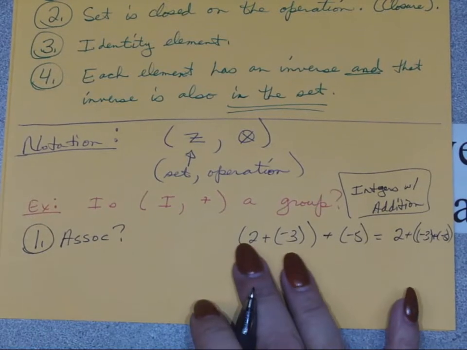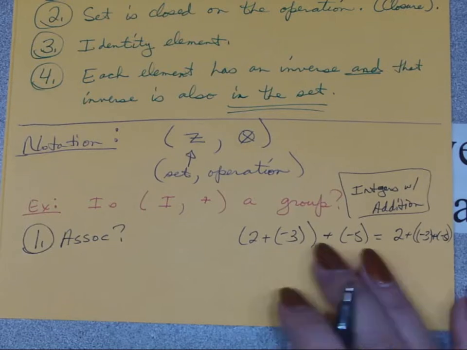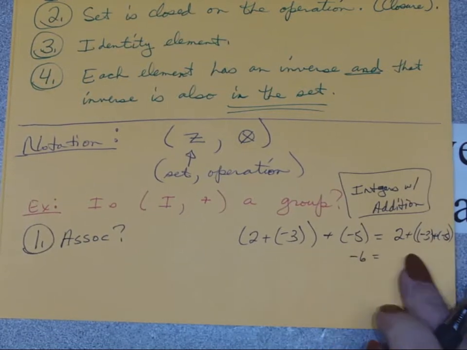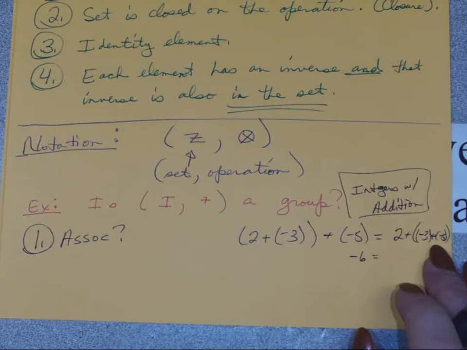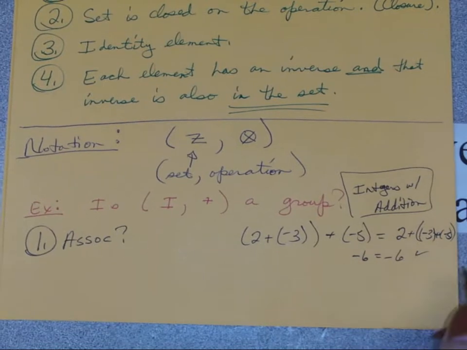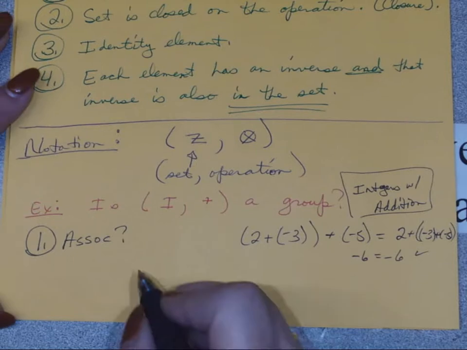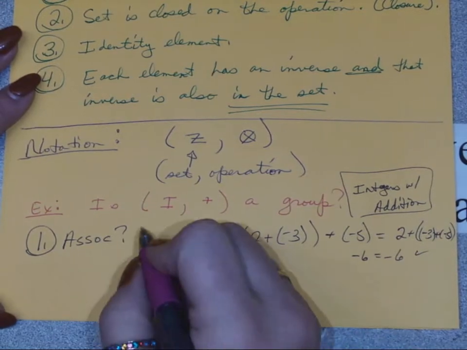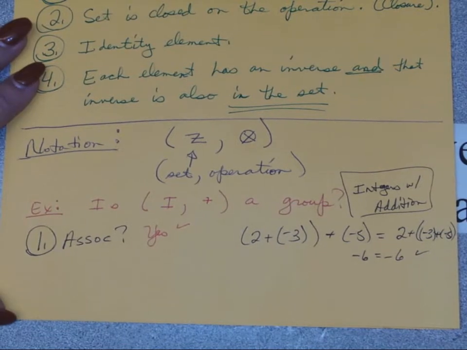This would be -1 plus -5, which is -6. And inside the parentheses, -3 plus -5 is -8, plus 2 is also -6. Yeah, that one works. We know that addition is really flexible, multiplication's really flexible. You might need to convince yourself a little more, but try it and see. Okay, so that one's okay.